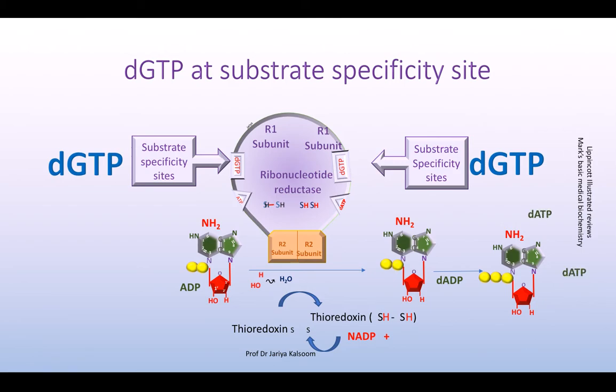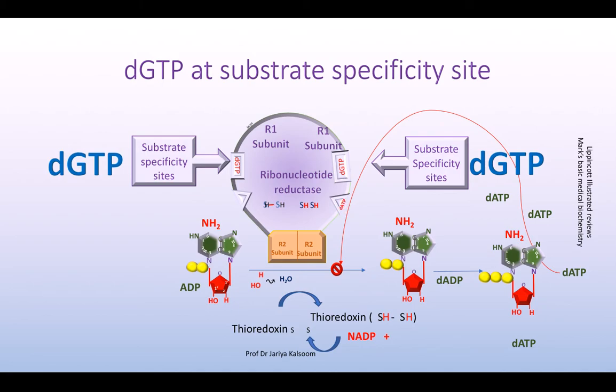And DATP, when present, it is going to now displace the ATP present at the activity site. So ATP present at the activity site is going to be replaced by DATP, and DATP at the activity site inhibits the enzyme.